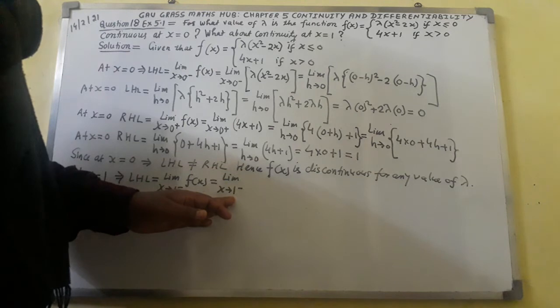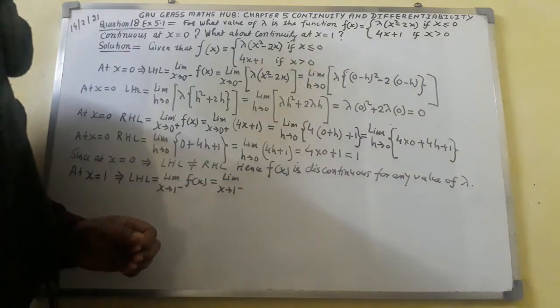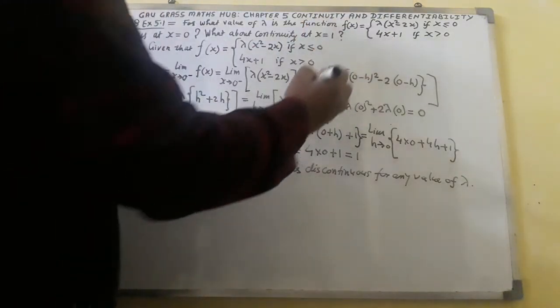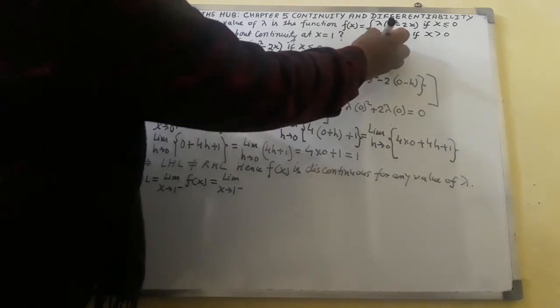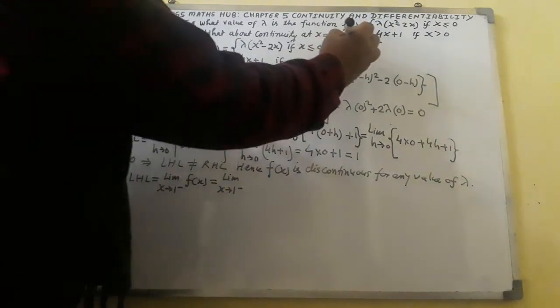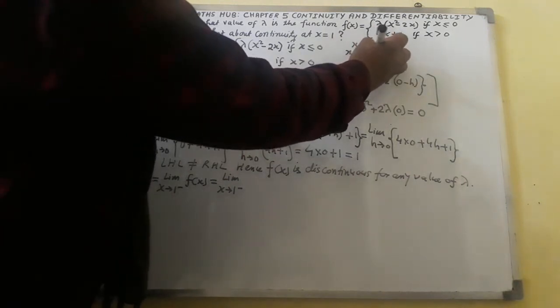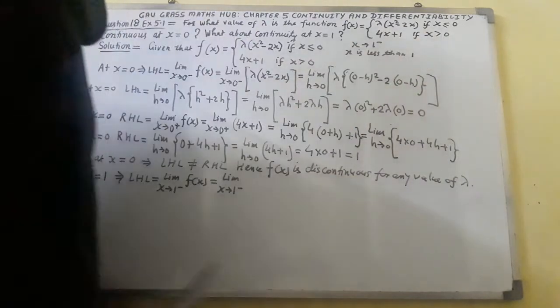Less than 1 means it can be 0 also. x tends 1 negative means that x is less than 1.